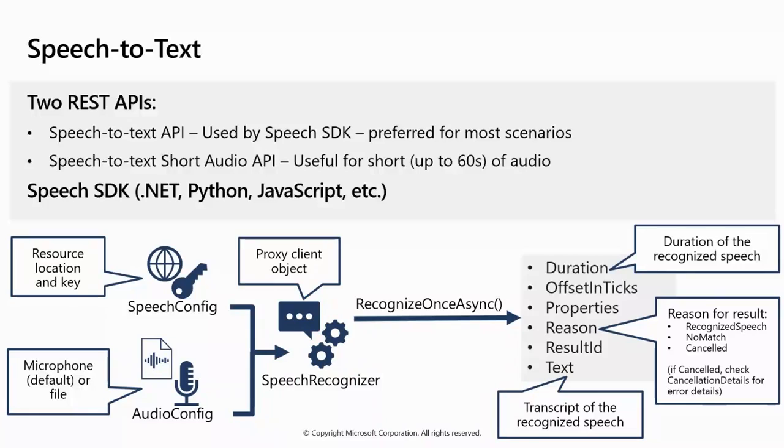Then we need to use the speech recognizer object's methods to call the API functions that make it work. For example, the speech service is used by the recognize once async method to transcribe a spoken utterance in a synchronous way. And last, handle the speech service's response for the recognize once async method.